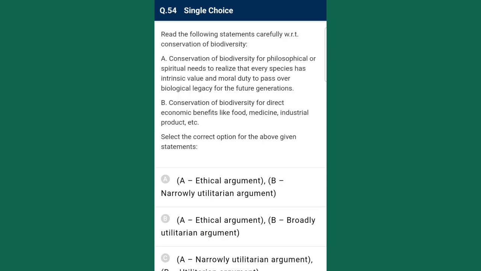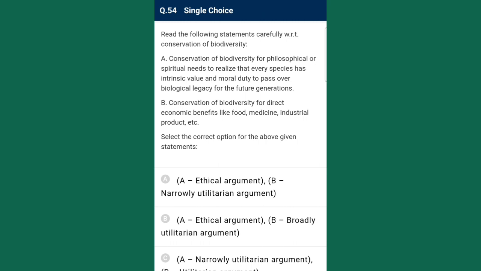Question number 54. Read the following statements carefully. Conservation of biodiversity. So here some statements are given. For this question, the answer is: all the species on earth have their own intrinsic value, even if it may not be of current or any economic value to us.